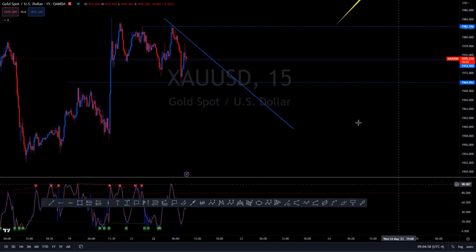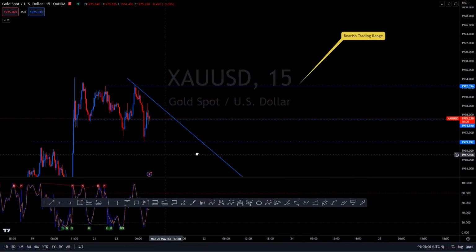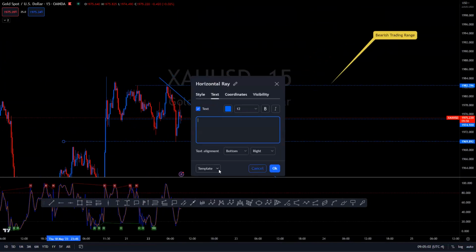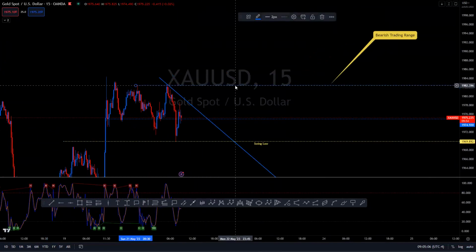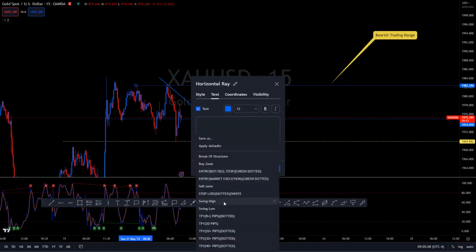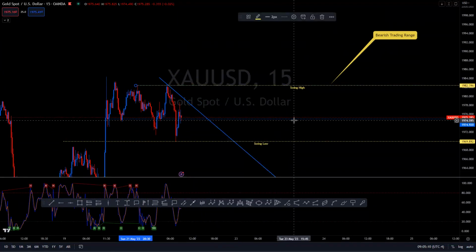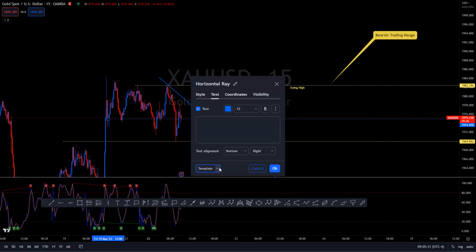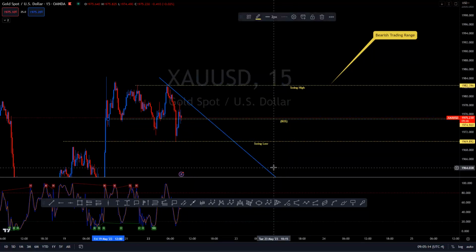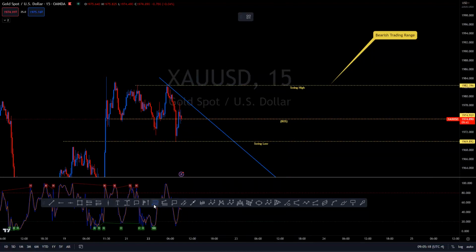Then at this point, we're going to label these real quick here. Low. Label structure. All right. Now let's go ahead and just pull out the fib.